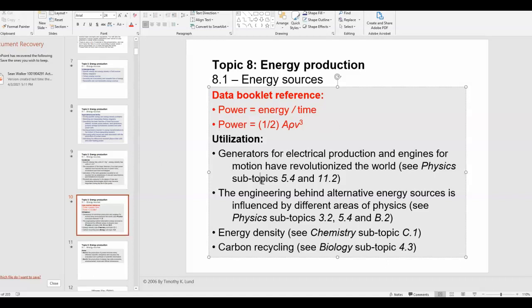I also want to point out that 8.1 has topic tie-ins to chemistry and biology, as you can see down here. For example, the concept of energy density is also talked about in IB chemistry in option C.